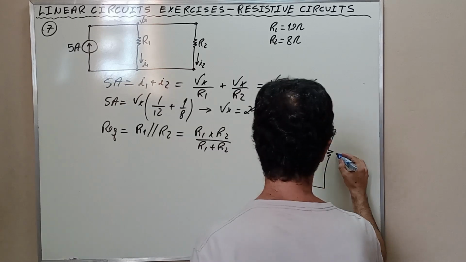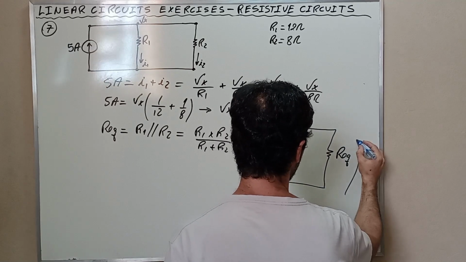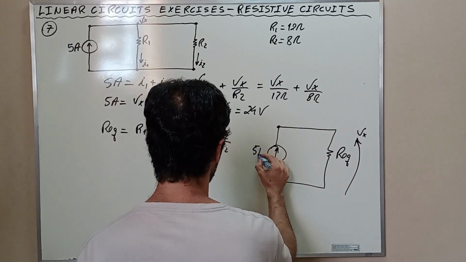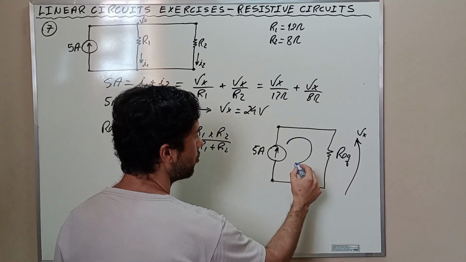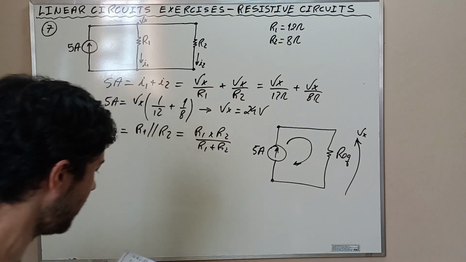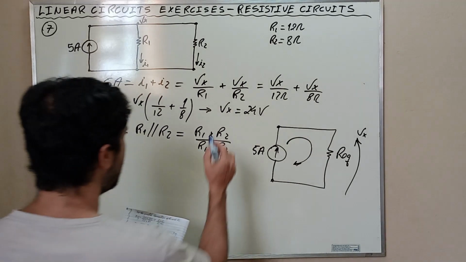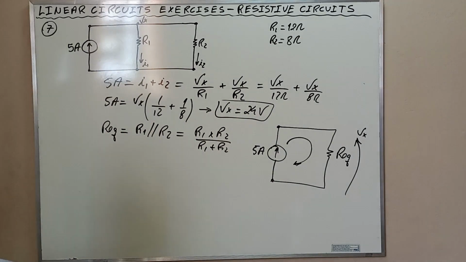This is the equivalent resistance here, and the voltage drop Vx is here. This is 5 amps. The current here is the current that's going to flow here. And the value of Vx, we have already calculated: the value of Vx is equal to 24 volts.